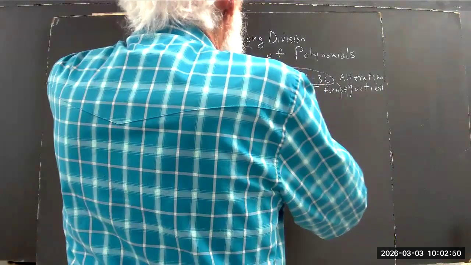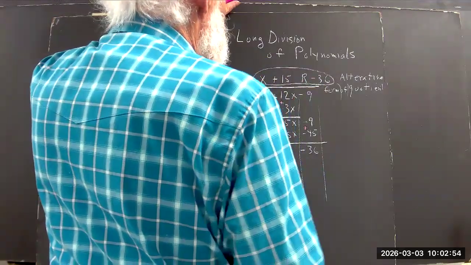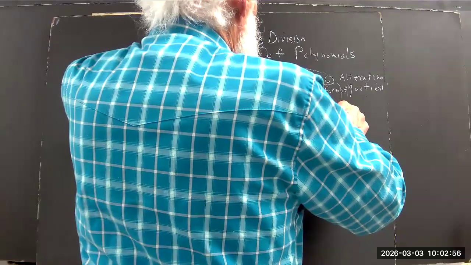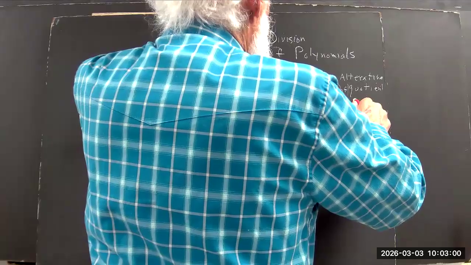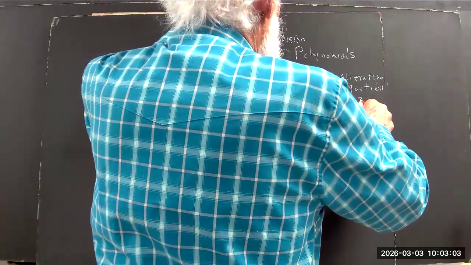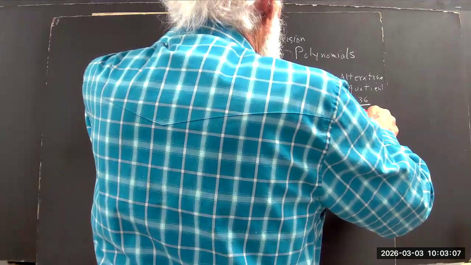The alternative form of our quotient, which is x plus 15 with the remainder negative 36, could also be written as x plus 15 minus 36 over x minus 3.